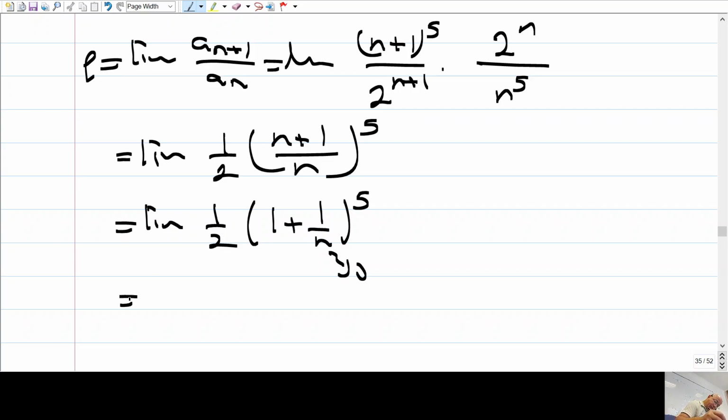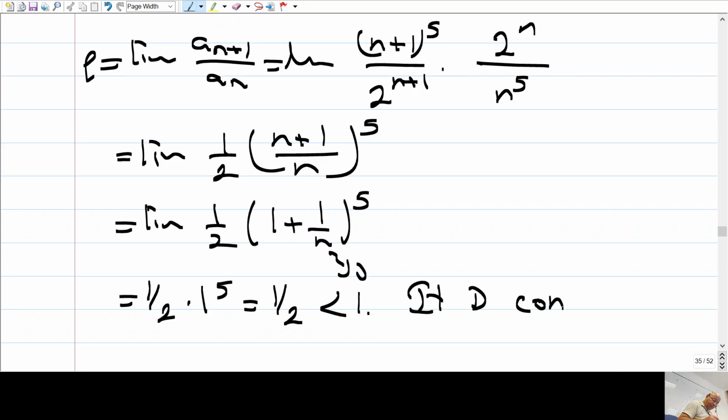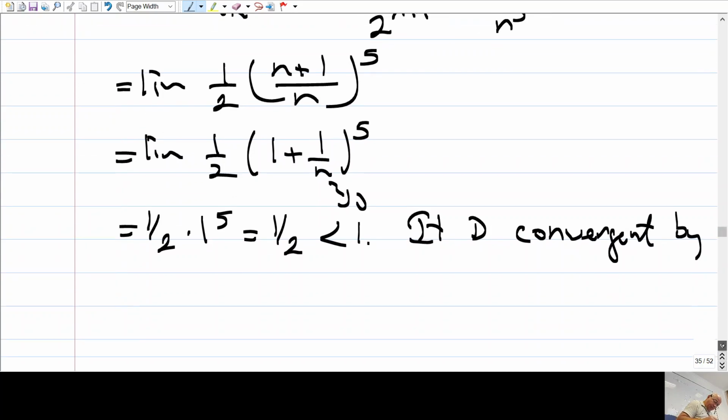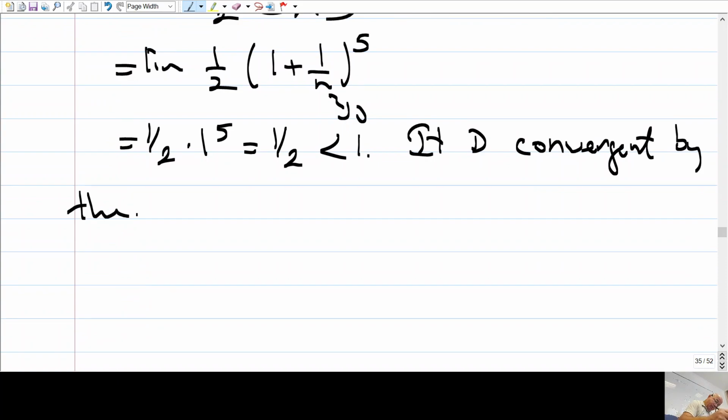So this is just 1 over 2 times 1 to the power 5, which is 1 over 2 and less than 1. So it is convergent by the ratio test. Okay.